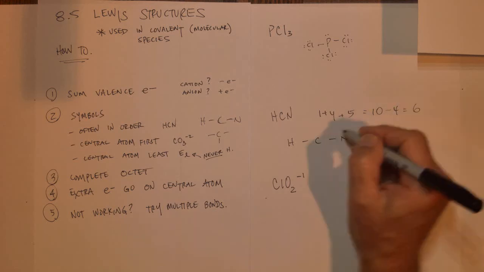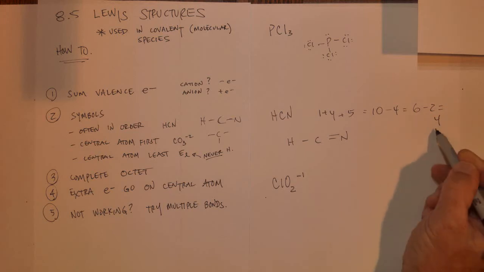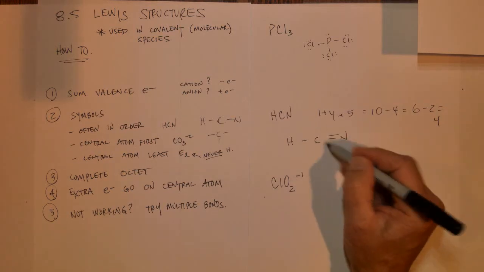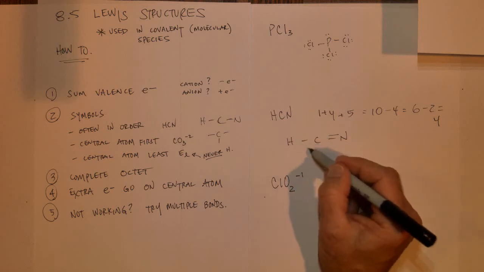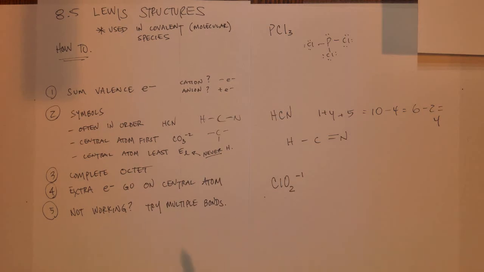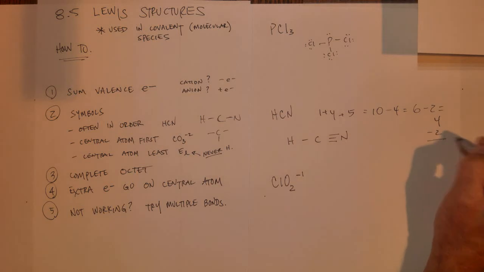So let's use 2 more electrons right here, and let's make a multiple bond right here that leaves us with 4 electrons left. So 2, 4, that gives me an octet here on nitrogen, but carbon still only has 2, 4, 6 around it, so it's still not working. It says try multiple bonds, so let's try multiple bonds again. Let's try a triple bond right here. 2 less, that gives me 2 electrons remaining.